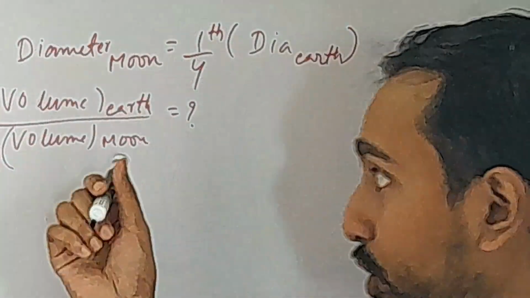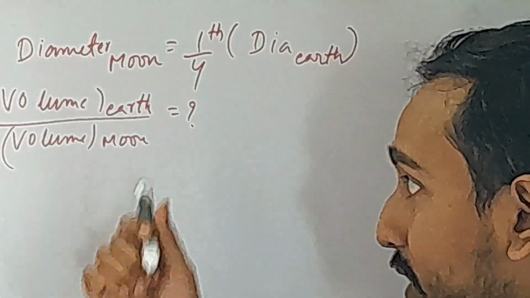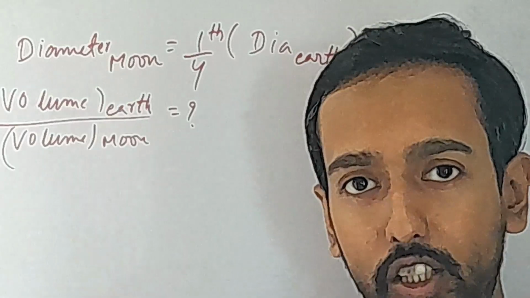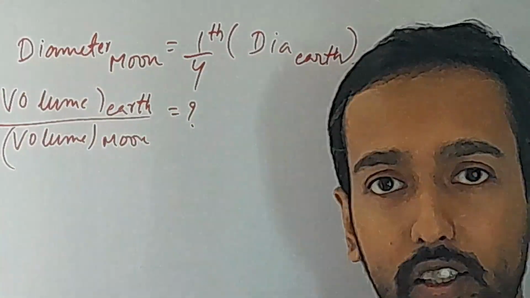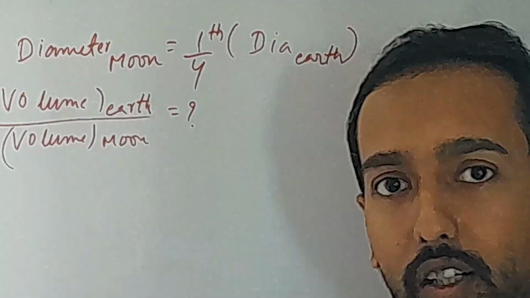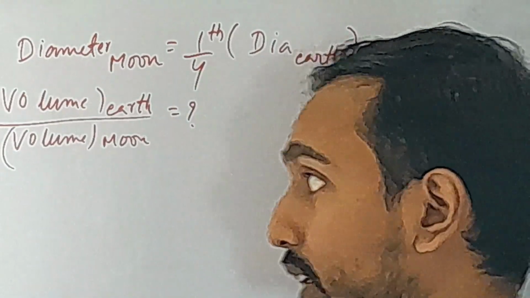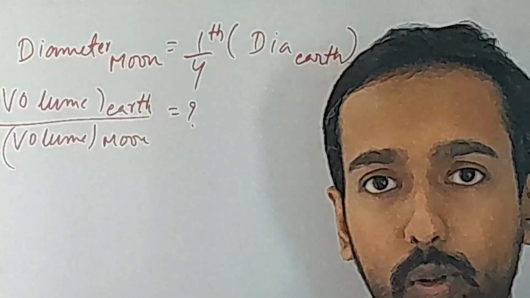Friends, this is another question related to the volume of solid shapes, and we see that this question is related to the celestial bodies Earth and Moon. In the first part of this question it is given that the diameter of the Moon is 1/4 of the diameter of the Earth. This is an important fact given in the question, and in the next part we have been asked what is the ratio of the volume of Earth to the volume of the Moon.